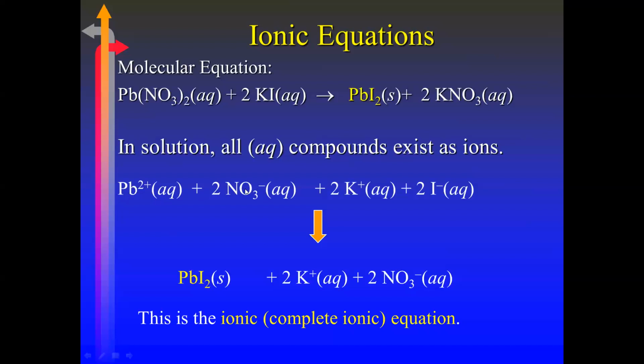You see ions, ions, ions, ions, except for those that don't dissociate into ions. We should respect that and keep them in the molecular formula. This is reality; we cannot change it, we just keep it there. So this one is called an ionic equation.